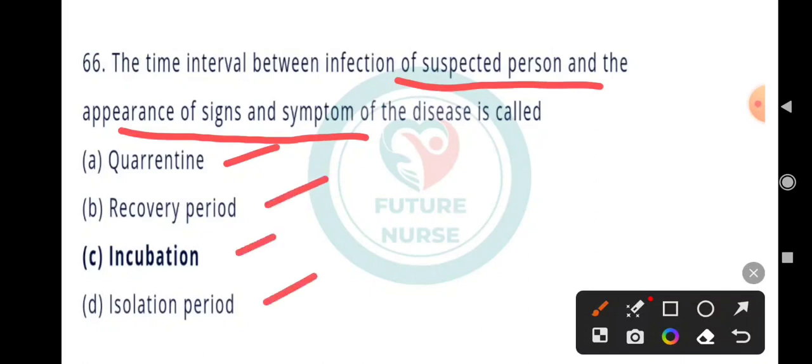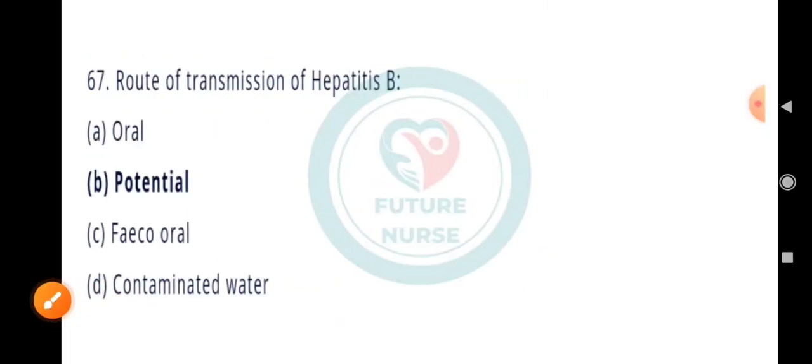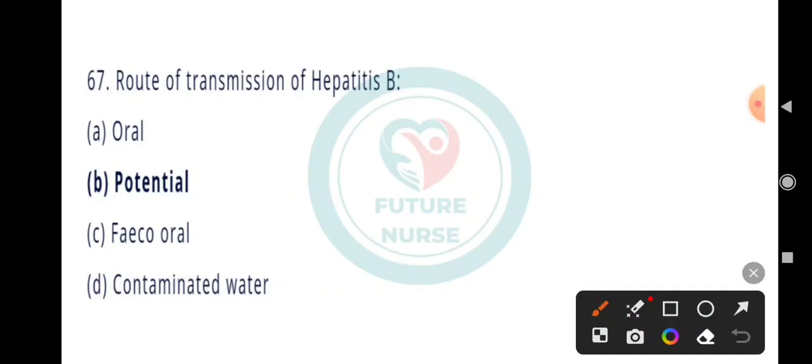So the correct answer is incubation. Next, route of transmission of hepatitis B. Options: oral, parenteral, fecal-oral, contaminated water. The route of transmission of hepatitis B is parenteral.